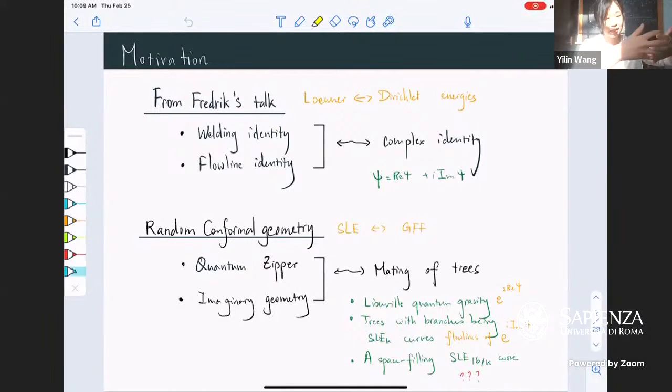And you can trace the curve in between these two curves, and there will be an SLE 16 over kappa curve. Now for very small kappa, 16 over kappa is very large. And then we ask the question, what is the finite energy analog of this space filling SLE 16 over kappa curve?